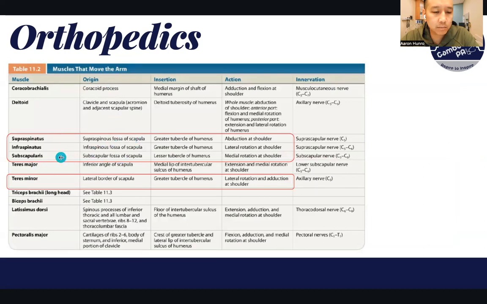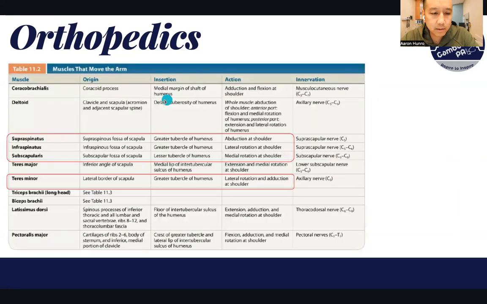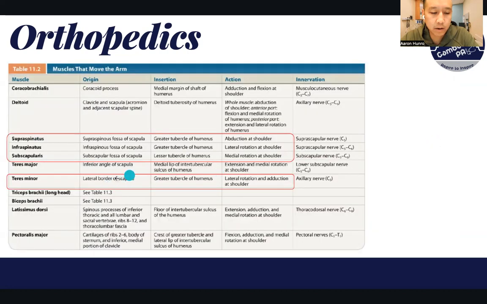The origin is right here on the scapula. All right. So the supraspinous fossa, the infraspinous fossa, and the subscapular fossa. And then the teres minor comes down here on the lateral border of the scapula.